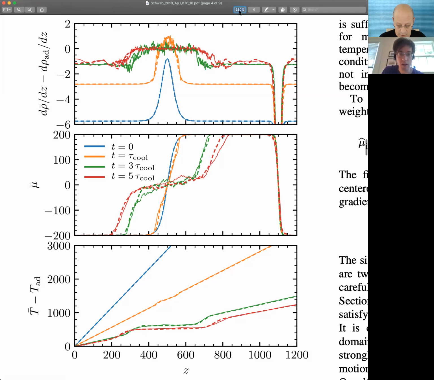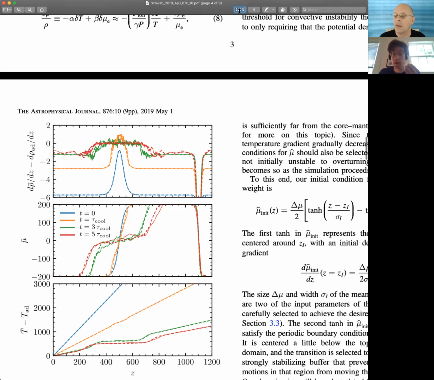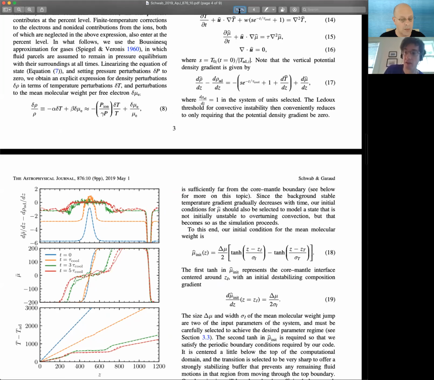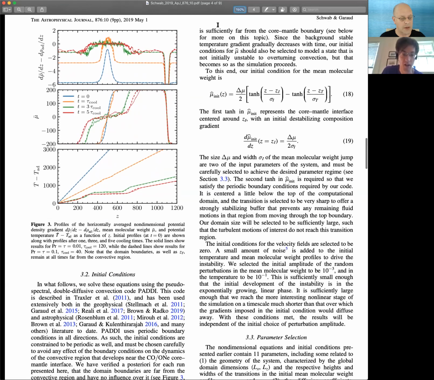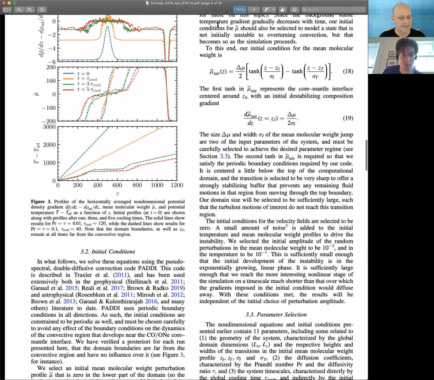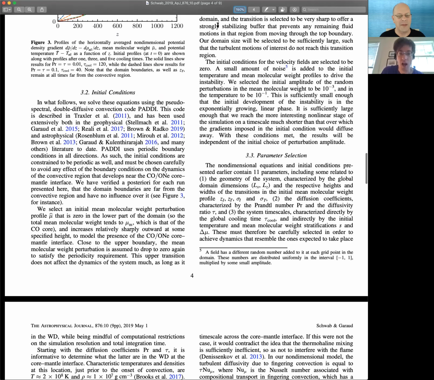What is the code used for this? So this is the Pati Code. It's a pseudospectral code, so it's solving a lot of the equations in a Fourier type basis. It's written by Stefan. There's the description of the papers. Okay.